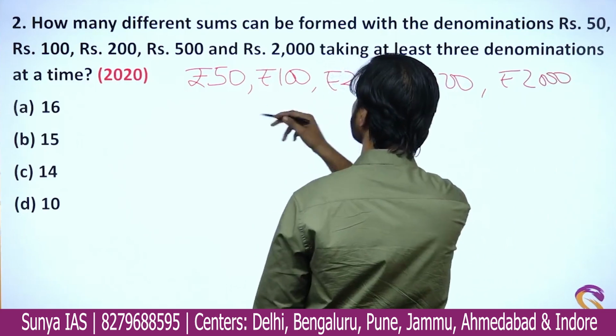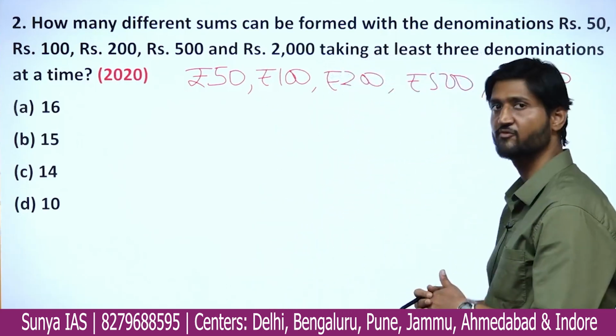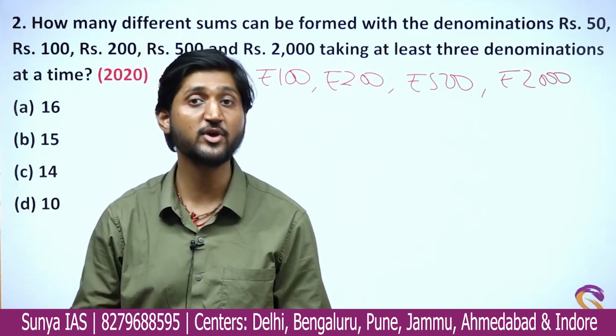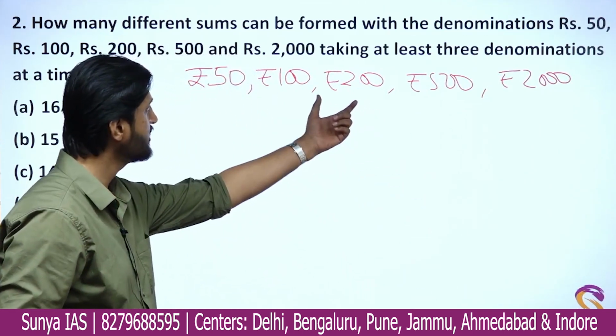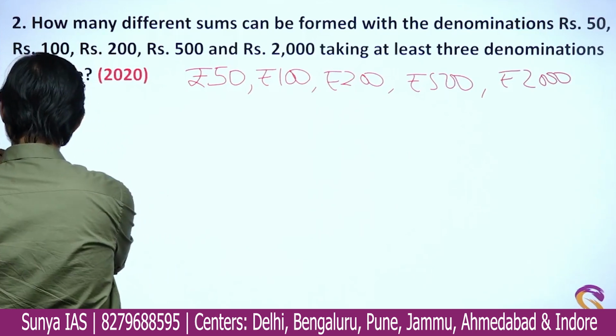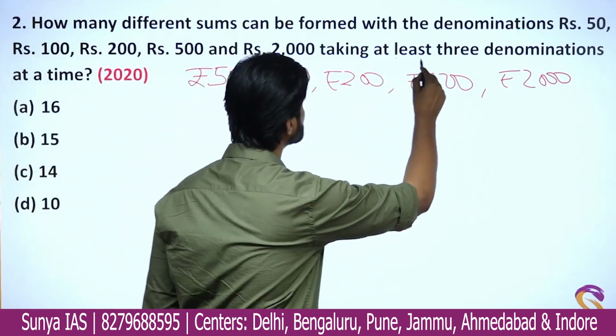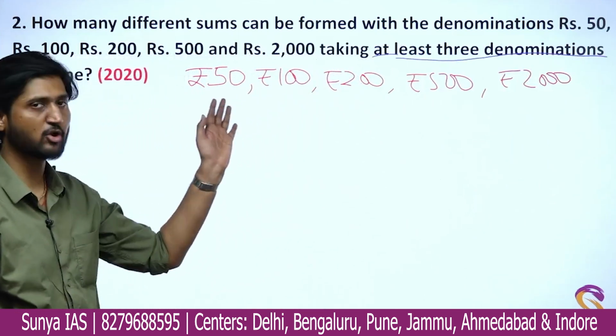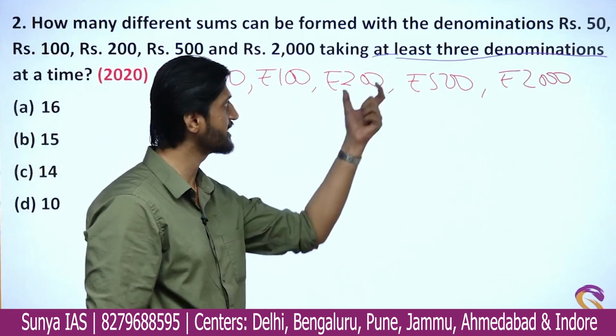We have 1, 2, 3, 4, 5 kinds of currency notes, and how many different amounts of money we can create by choosing different denominations. Out of these 5 we have to choose at least 3 denominations at a time. So out of these 5 denominations, what are the different ways of choosing at least 3 denominations?